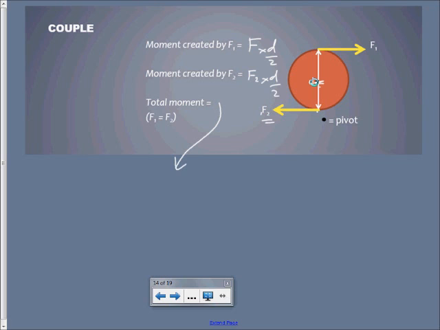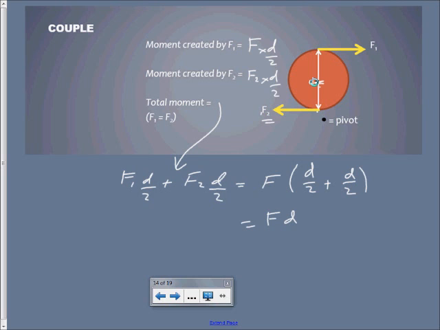So if we want to figure out the total moment, it's going to be F1 D over 2 plus F2 times D over 2. But remembering that F1 and F2 are the same, so it's going to be effectively F times D over 2 plus D over 2, which is D, F times D.